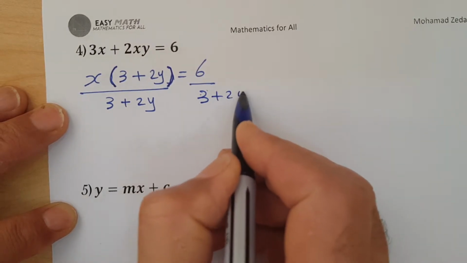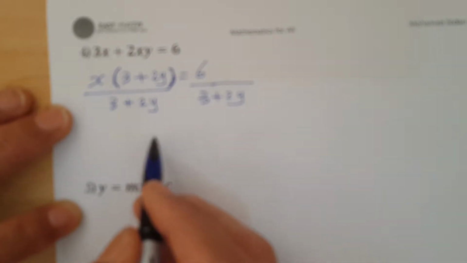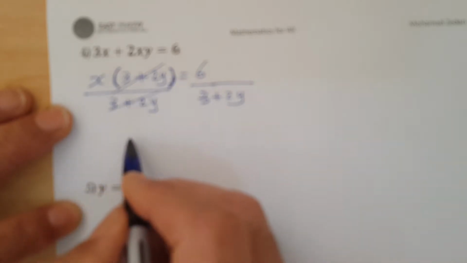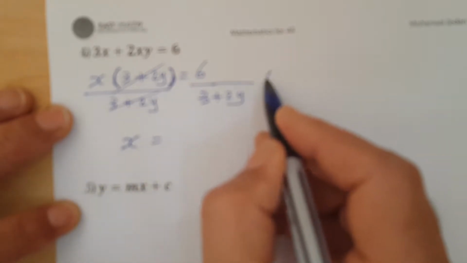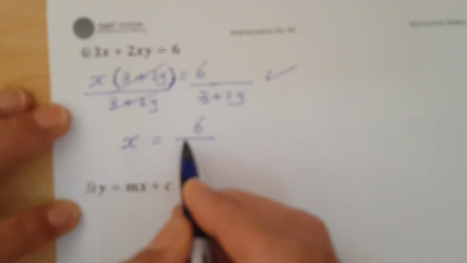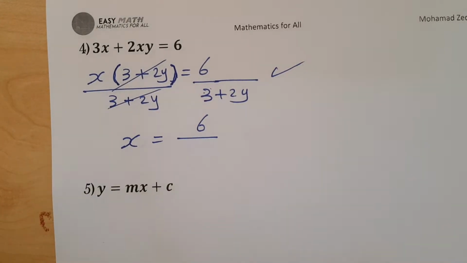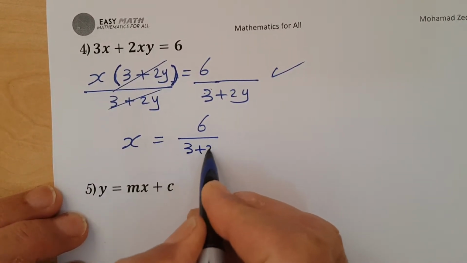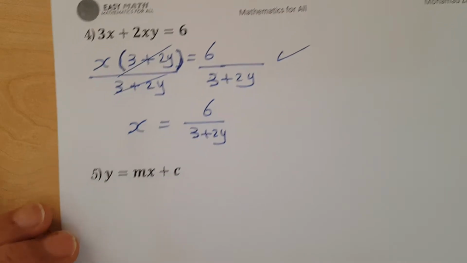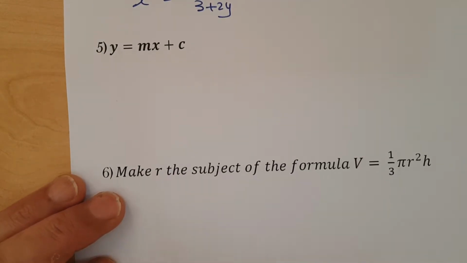I divide each side by 3 plus 2y. Here it is cancelled out to 1. So x equals this amount, 6 over 3 plus 2y. Thank you.